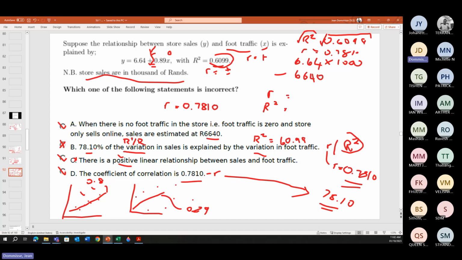How they can differ this question is by giving you R as 0.7810, and they could have asked you exactly the same questions.